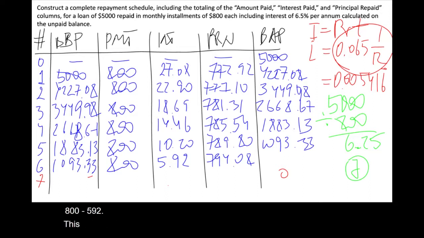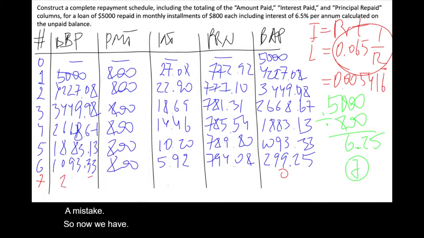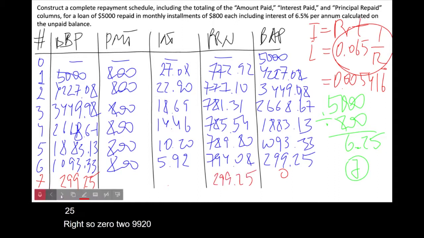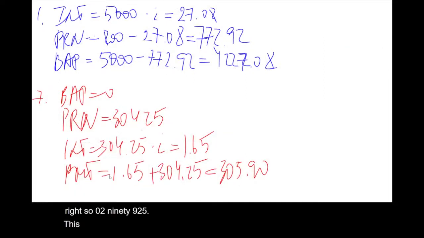This one is good. Otherwise, we wouldn't catch a mistake. So now we have 299.25, right? So 0, 299.25. This goes away.